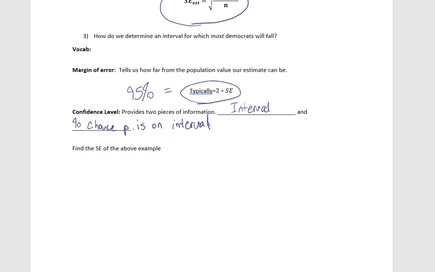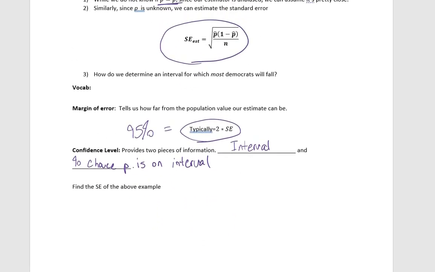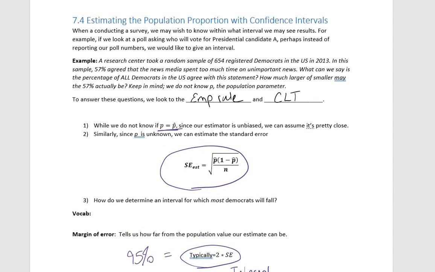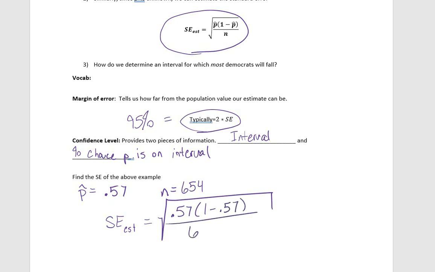First off, let's go ahead and find the standard error given the example above. We had that p hat was 57%, which is 0.57. We also had that our sample size was, I think, 654. So our standard error estimate, which you can also just call standard error, is going to be the square root of 0.57 times 1 minus 0.57 divided by 654.